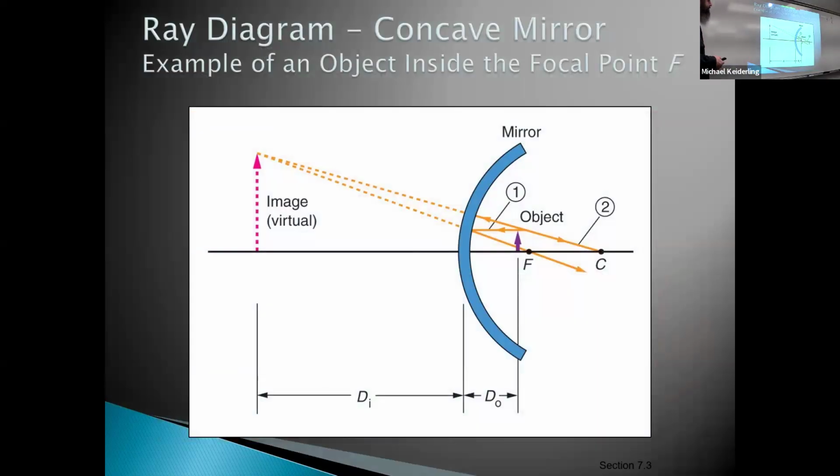And lastly, if you're inside the focal point, you get a virtual image that is larger than the object in question. If you've ever used a shaving mirror or one of those little dental mirrors to magnify something you're looking at, that's what's going on here.